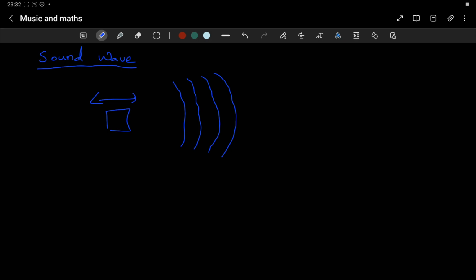Now let's say I put a probe or instrument, and I measure what the pressure is at that particular point, how that pressure is changing at that point with respect to time.